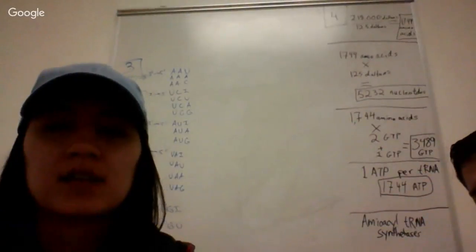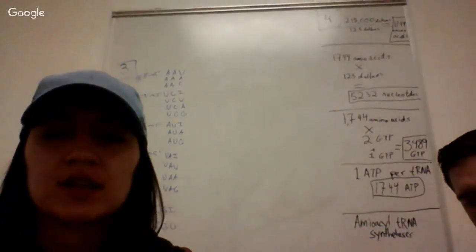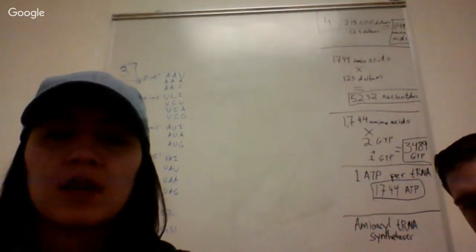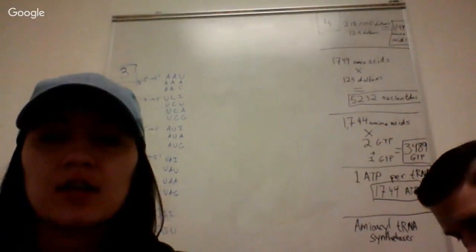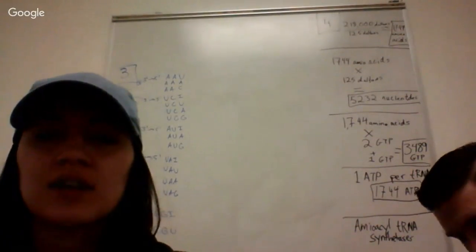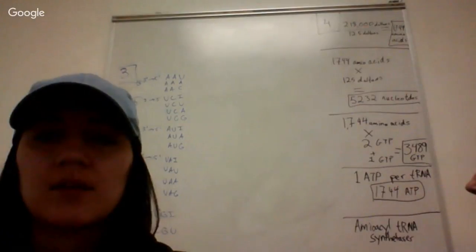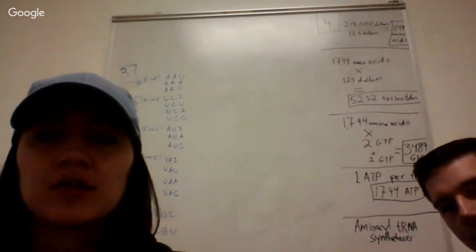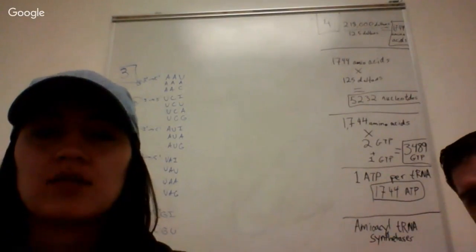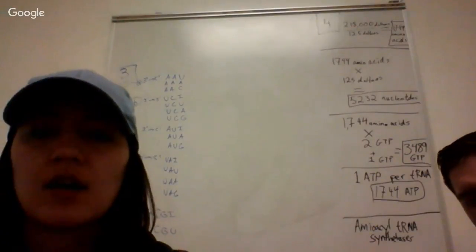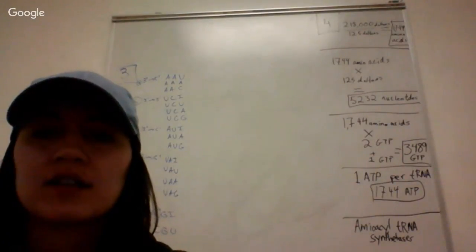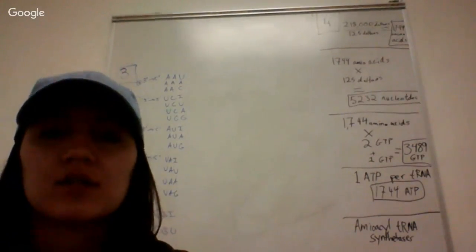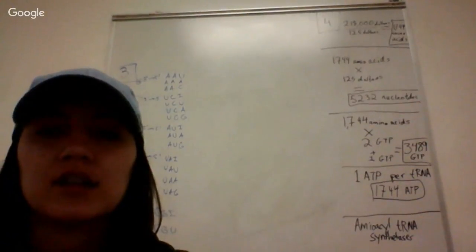For part A, it says which of the above is involved in translation initiation, and that should be IF2, tRNA fMet, the start codon, which was the 5' AUG 3', IF3, the Shine-Dalgarno sequence, and also 16S rRNA.